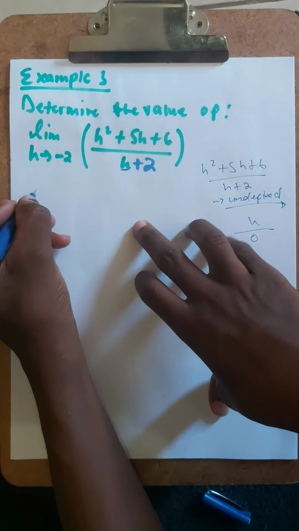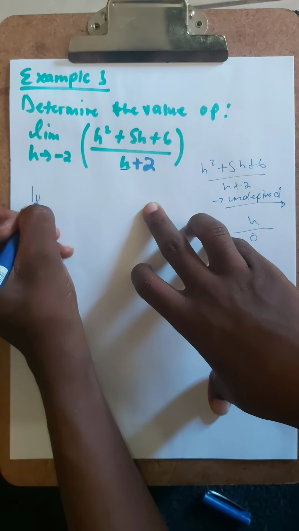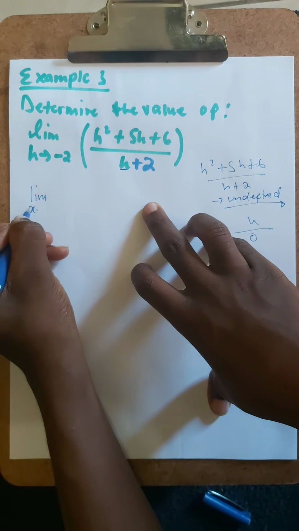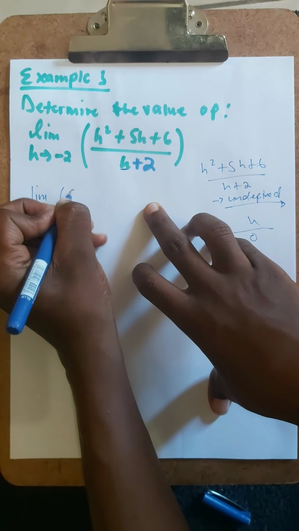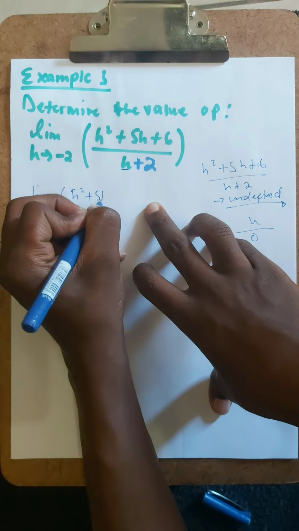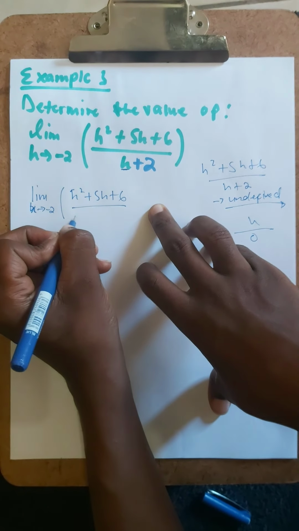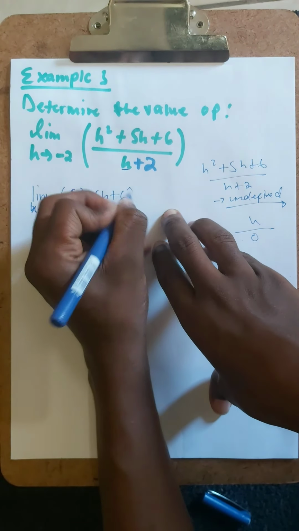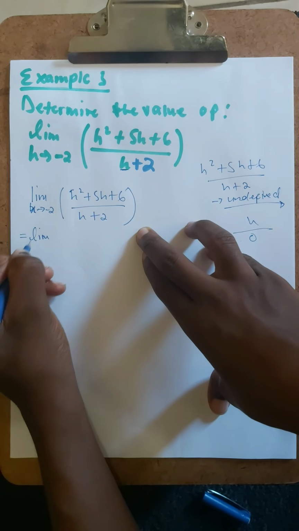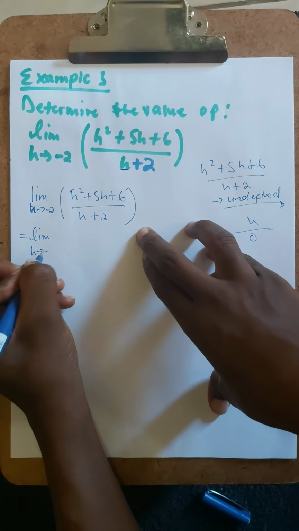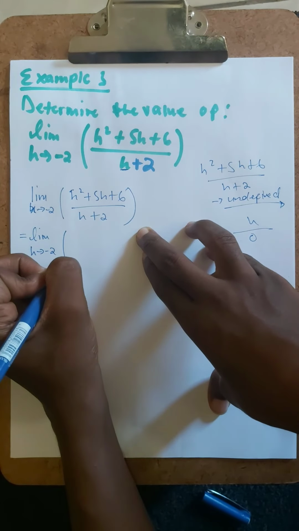So we have the limit when h approaches minus 2 of (h squared plus 5h plus 6) divided by (h plus 2). Let's solve it. We substitute and get undefined, then we factorize.